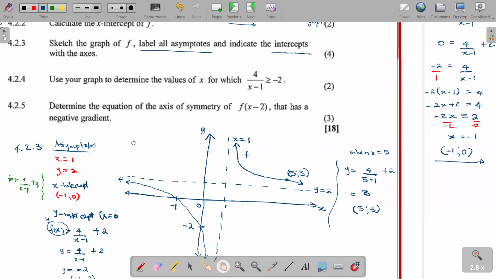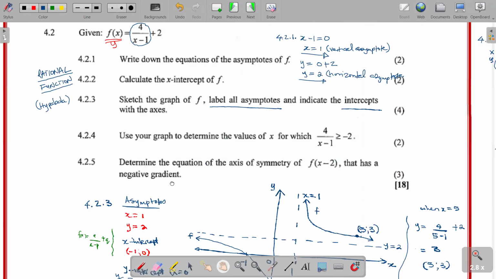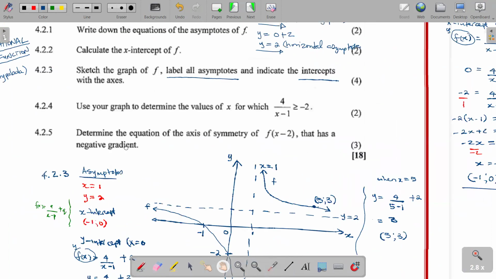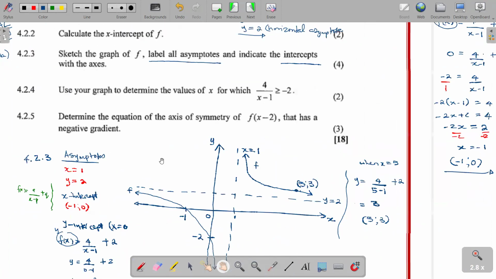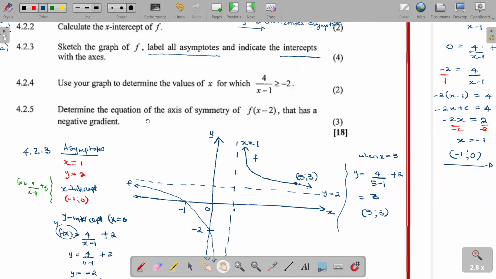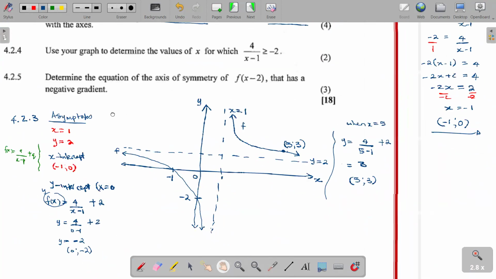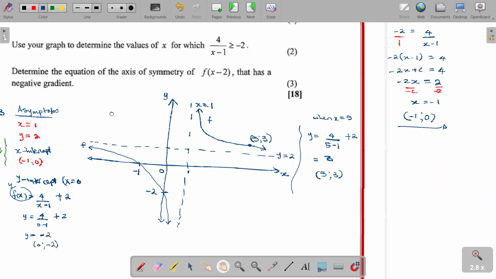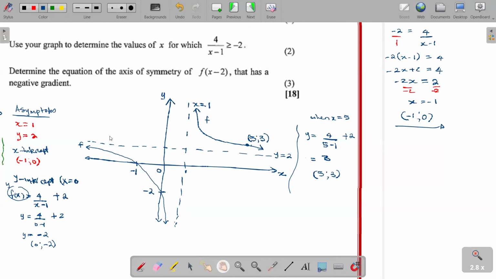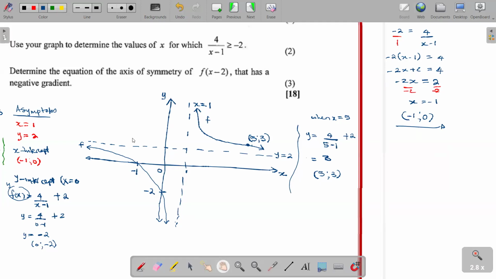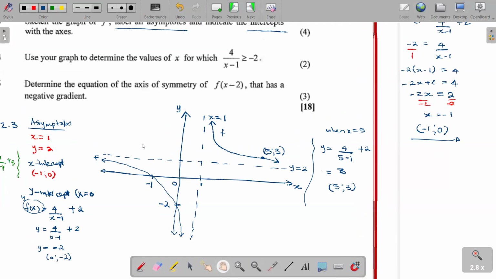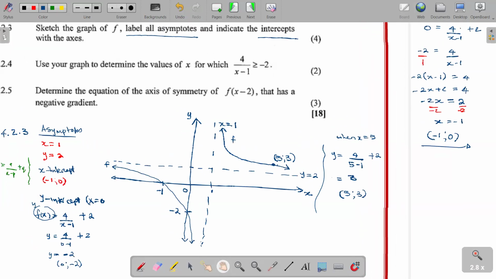It's now saying use the graph to determine the values of... So we are going to use the graph. It's 4.2.4.